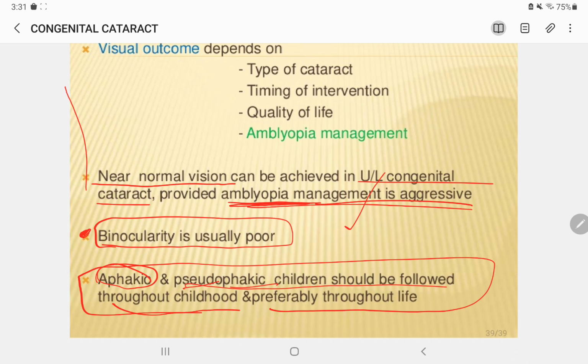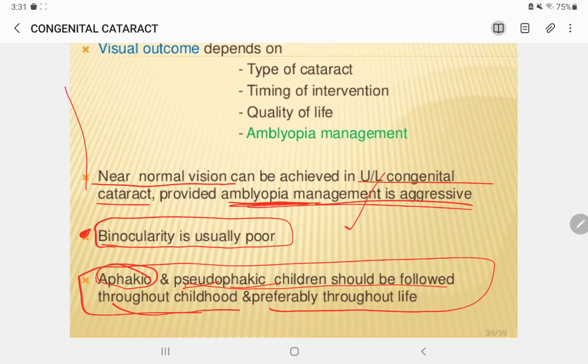Thanks guys, this was it. I hope this has made things clear, or given you some insight about cataract before you actually study or attend any kind of lecture. So you have some ideas about the topic. You have to study it from any book like Parsons or AK Khurana.